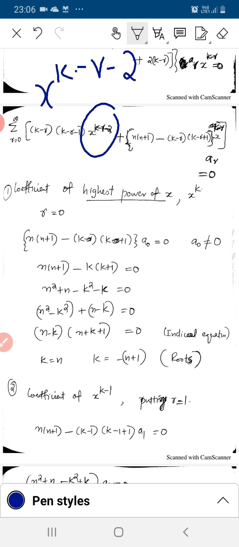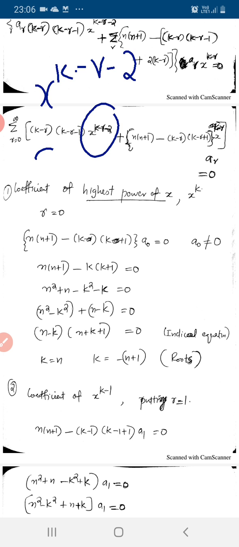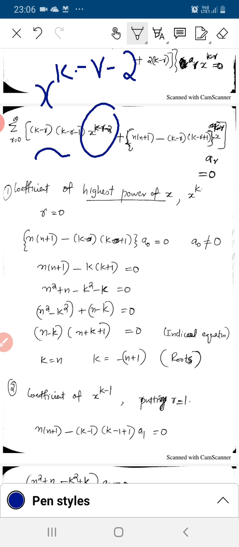So we put r plus 2 equal to j, so that we get the coefficient of x to the power k minus j.